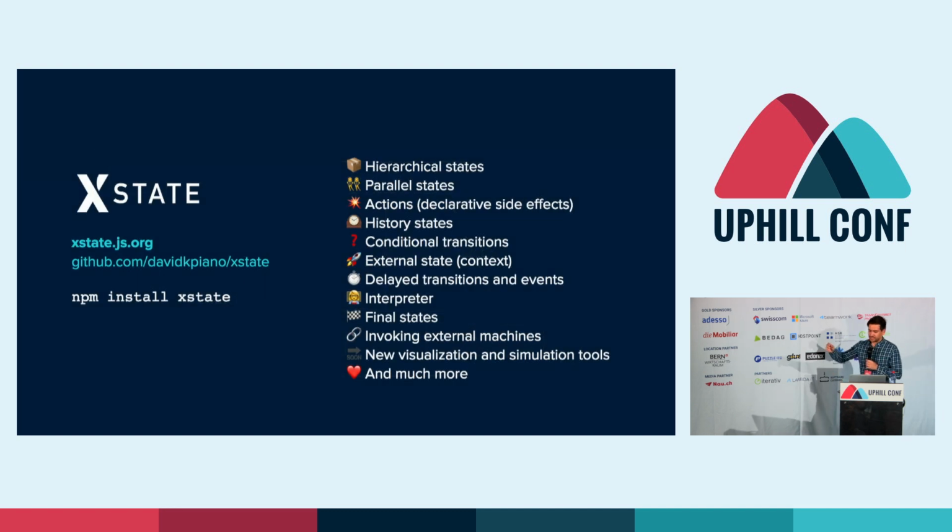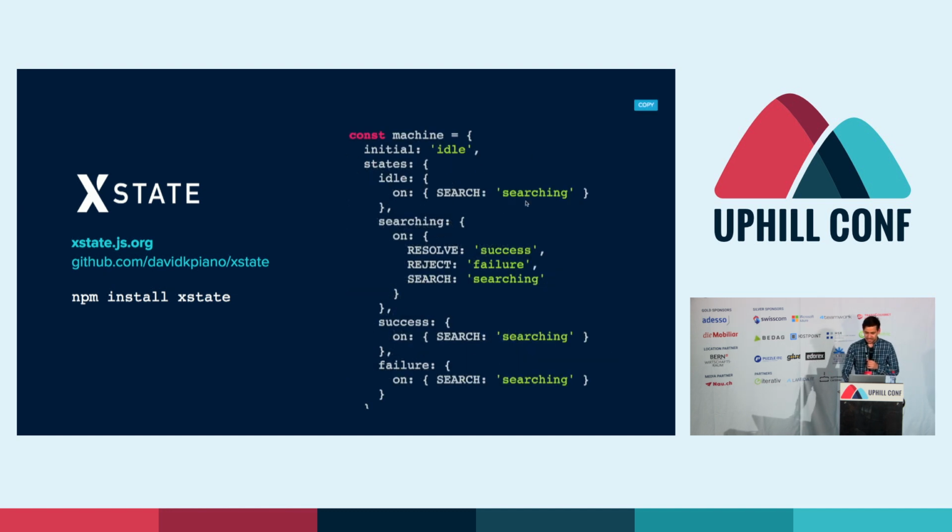So I've been working on this library called XState, which is for finite state machines and statecharts, and I've been working on it for a couple years now. And so it has all of these features of state machines and statecharts, but the best part about it, in my opinion, is that, remember this object that we created in the beginning? The API is basically the same. So you would just wrap all of this in a machine factory function.